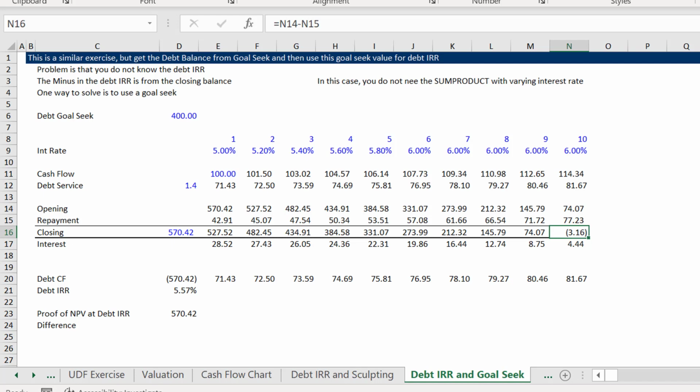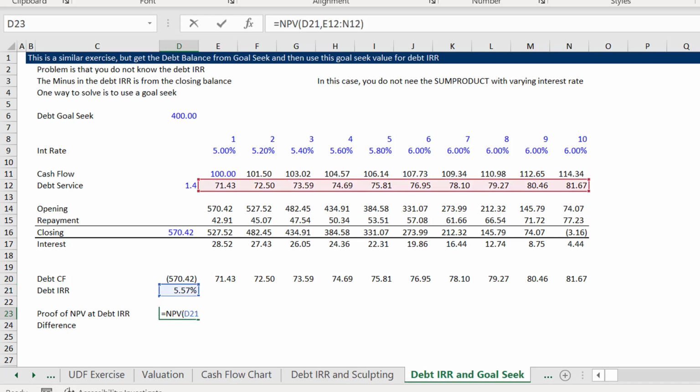We set the closing balance to 0 by changing this opening balance, and then we put all the things together, and then we can take that goal seek amount and put it into the same formula. I put it into get the IRR from that one, and then you can get the same final result using the debt IRR.